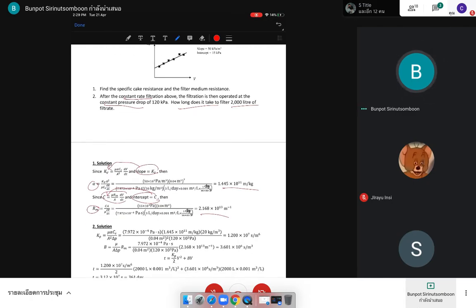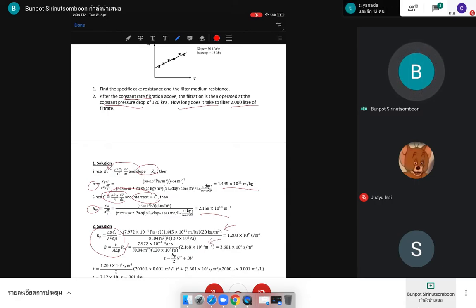So this time we have to switch equations. Now we have to use the equations for constant pressure filtration instead. In question 1 we used the equations for constant rate filtration, but in the second question, we switch to the equations for constant pressure. Then you just put in the numbers that are given.